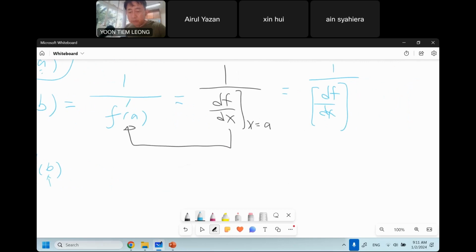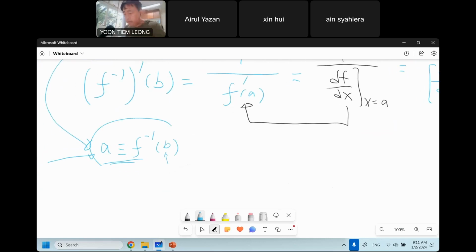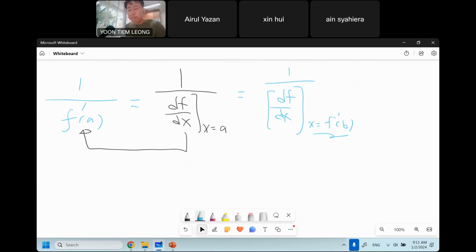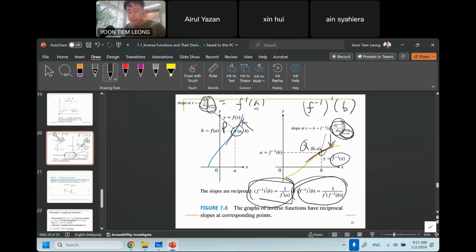The expression of df dx is calculated at the point where you replace x by the f inverse of b. Okay, where this statement is coming from the fact that a is equal to the inverse of b. So that is the statement that is given by the graph by this expression here.